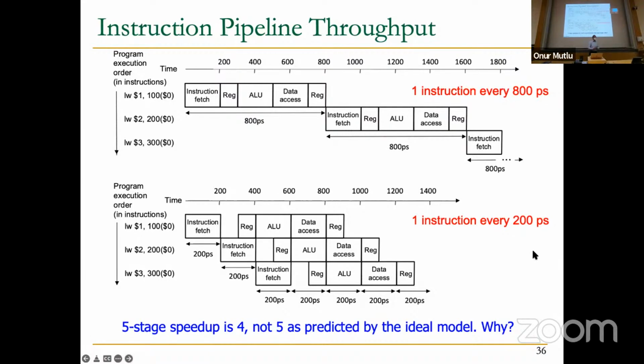Ideally, you would have 160 picoseconds over here. Yes, 160. Okay, does that make sense? Okay, and this is an issue, as we will see. And real machines have this issue also. The real machines don't necessarily have exactly the same delay critical path in each of these stages.